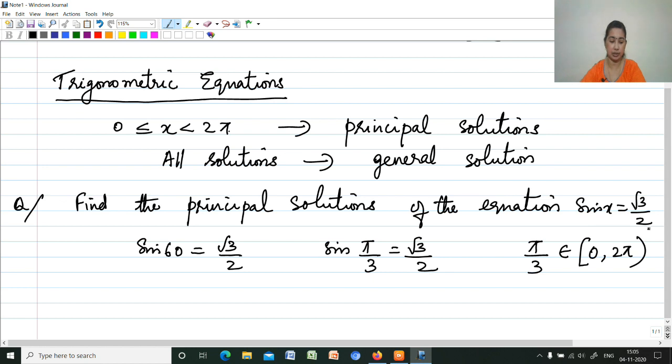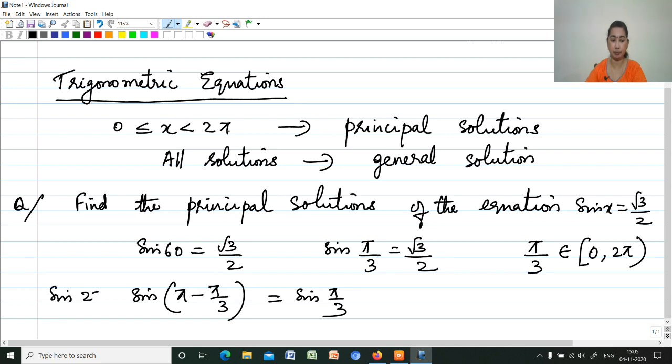So we'll check. We know that sine of pi minus pi by 3 is the same as sine pi by 3. And what is sine of pi minus pi by 3? It is sine 2 pi by 3.